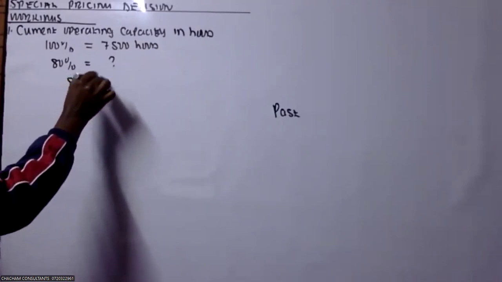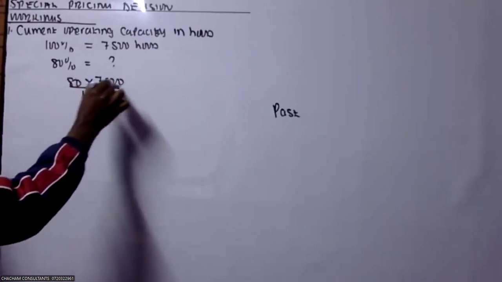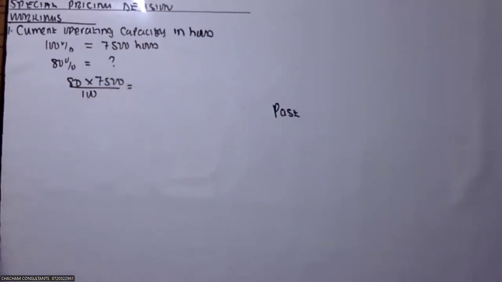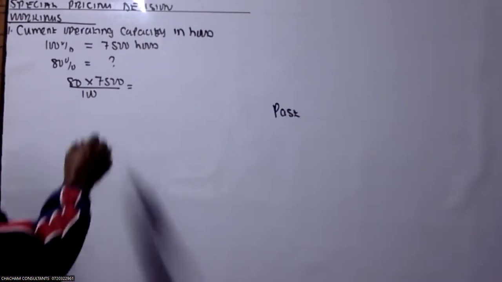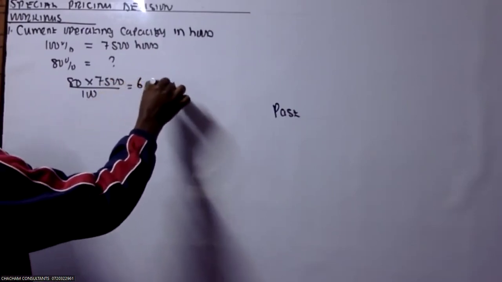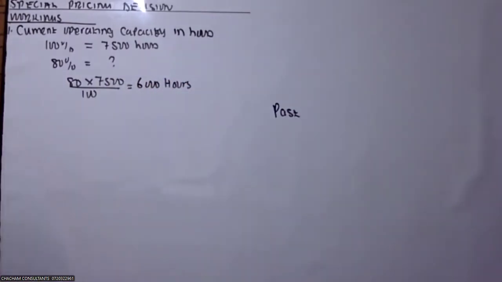So this shall be 80 times 7,500. You divide by 100. 6,000 hours. It should be 6,000, Carol.